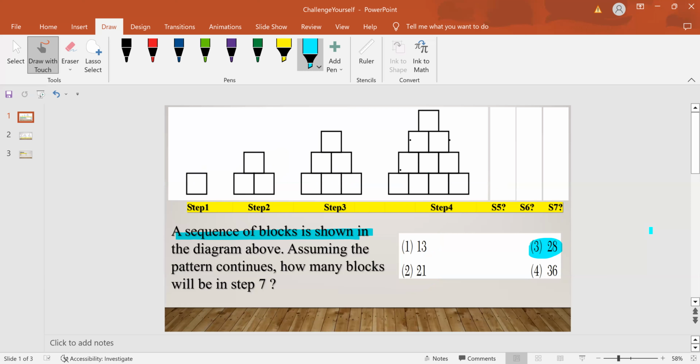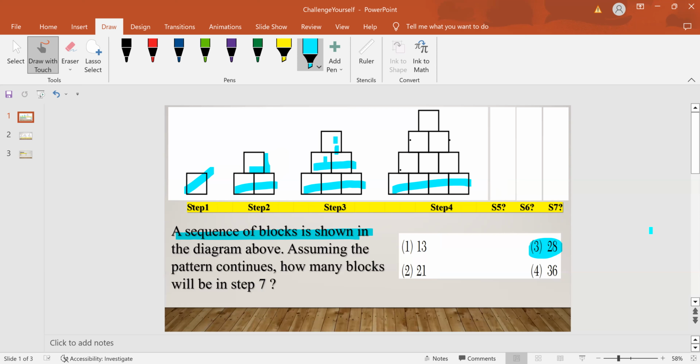Okay, you have to understand this. When we are in step 1, we have only 1 block. Step 2, we have 2 blocks below the 1 block. Step 3, we have 3 blocks below the 2 blocks with the 1 on top.